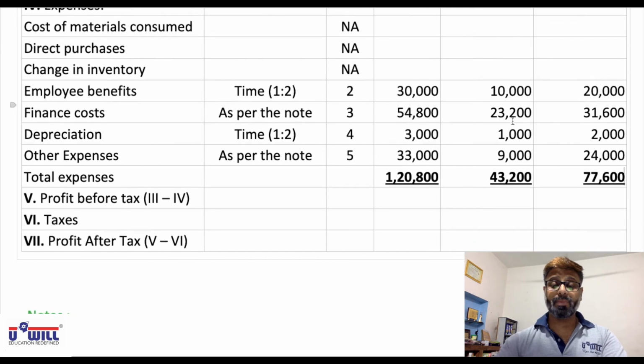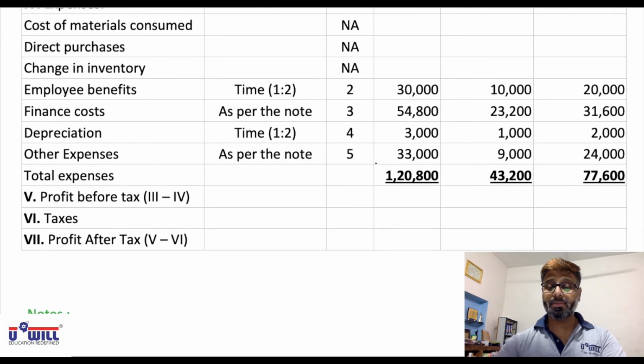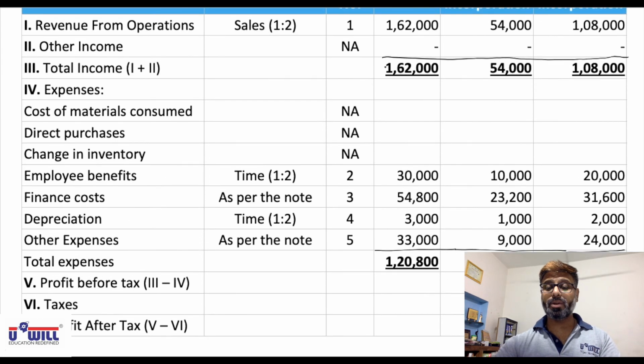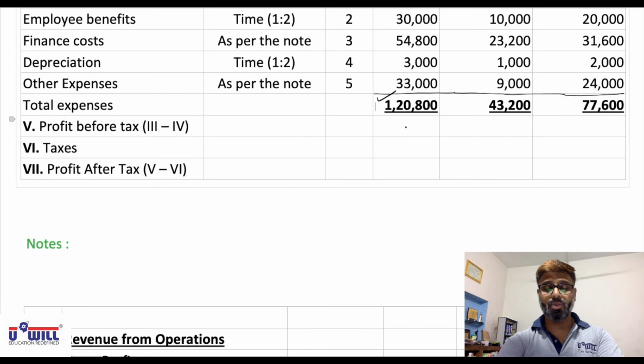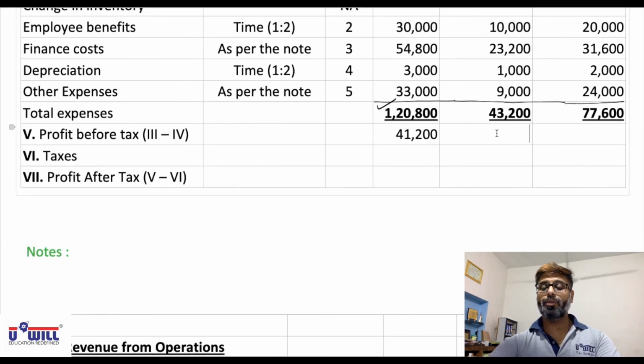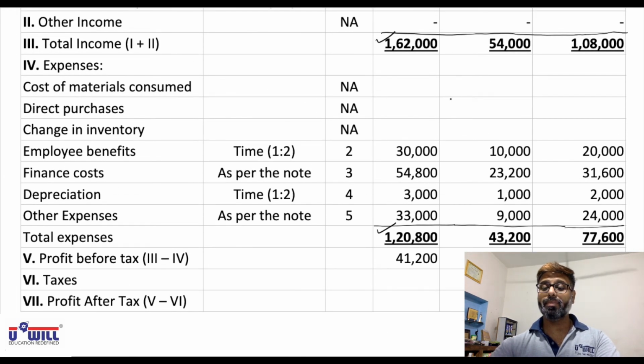Now, after total expenses, profit before tax, that is 1,62,000 minus 1,20,800. So 41,200. Then 54,000 minus 43,200, that is 10,800.